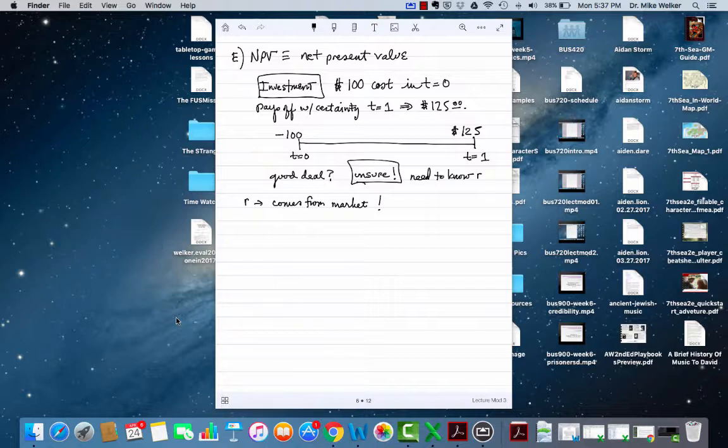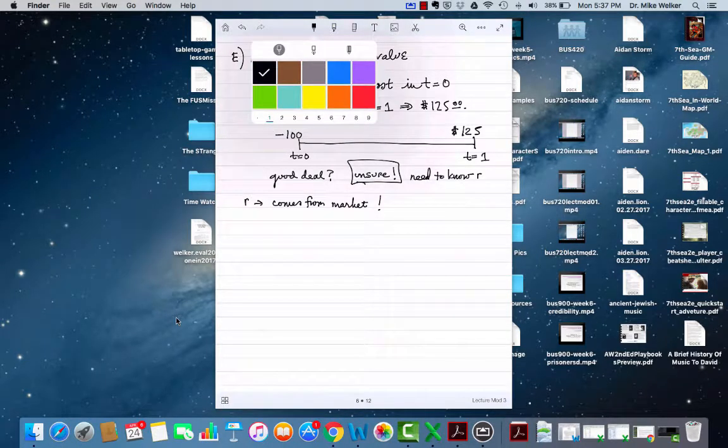Looking at this investment, we ask: what's the present value of the future payout? The present value of $125 received in time period 1.